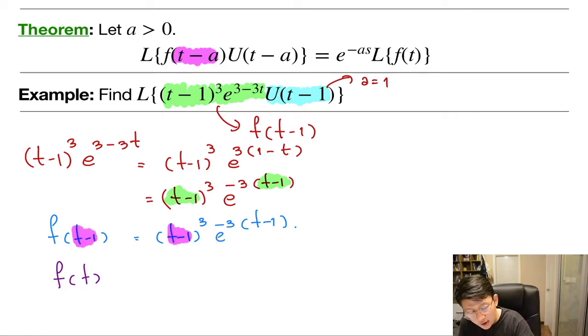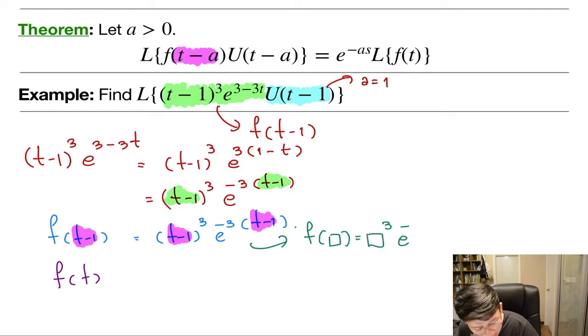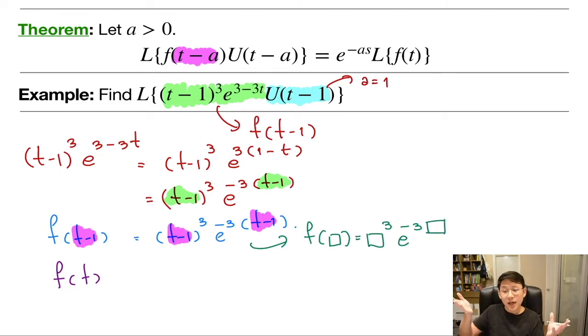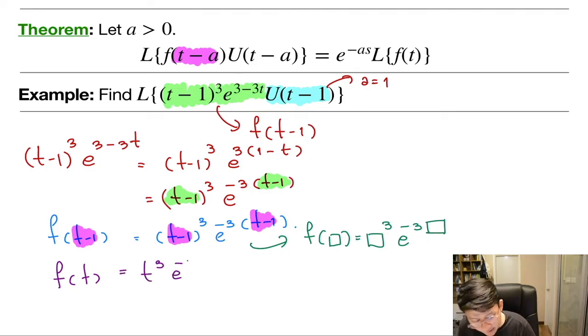You can look at it like this, let's use the green color: f of the box is box cubed e to the minus 3 box. So f(t-1) is (t-1) cubed e to the minus 3(t-1). You can substitute t-1 with anything, right? With a box. And of course, with the box, you can substitute t-1 with t. So you get t cubed e to the minus 3t.